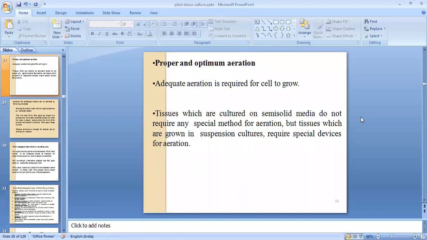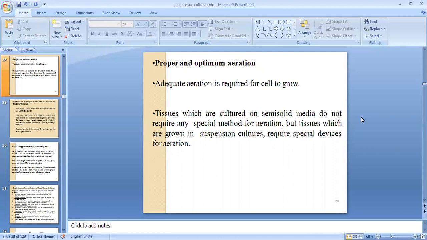And next one is the proper and optimum aeration. Apart from providing the exact light and temperature, you are also supposed to provide the aeration. Adequate aeration is required for the cell to grow. Already in your microbiology, you might have studied about the aerobic and anaerobic organisms.